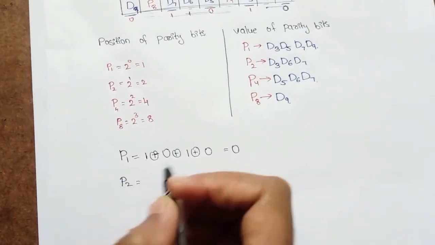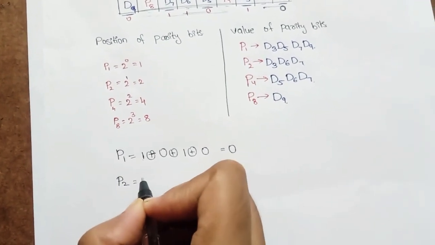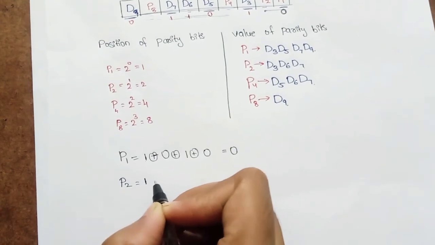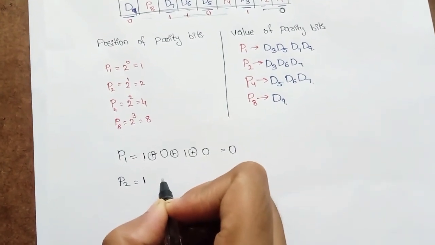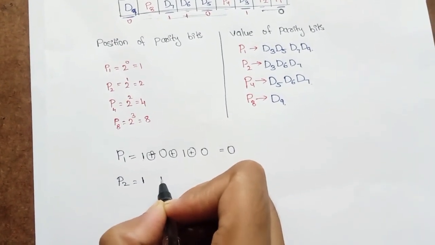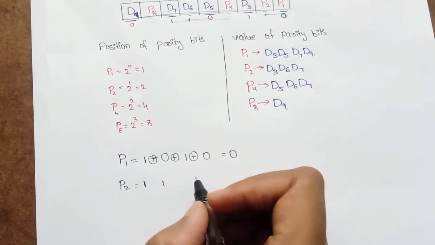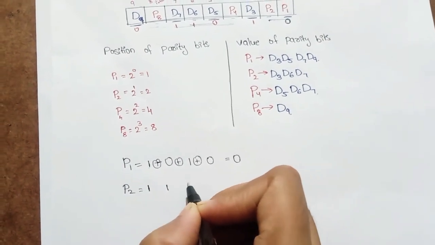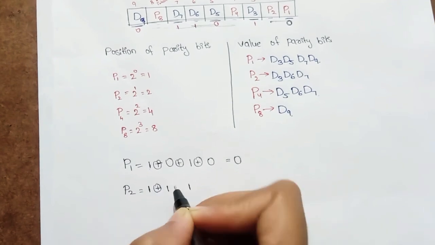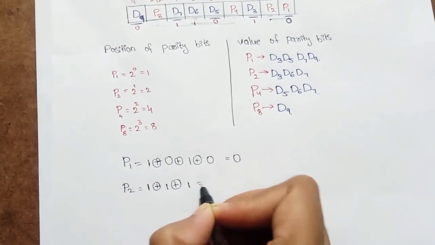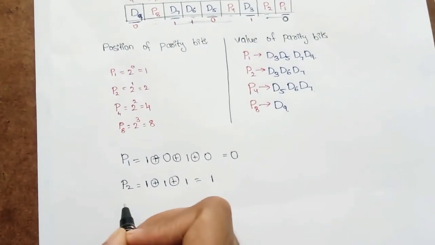And for the next one, P2, the value of D3 is 1. And the value of D6 is 1. The value of D7 is 1. By XORing these three, we will get 1.